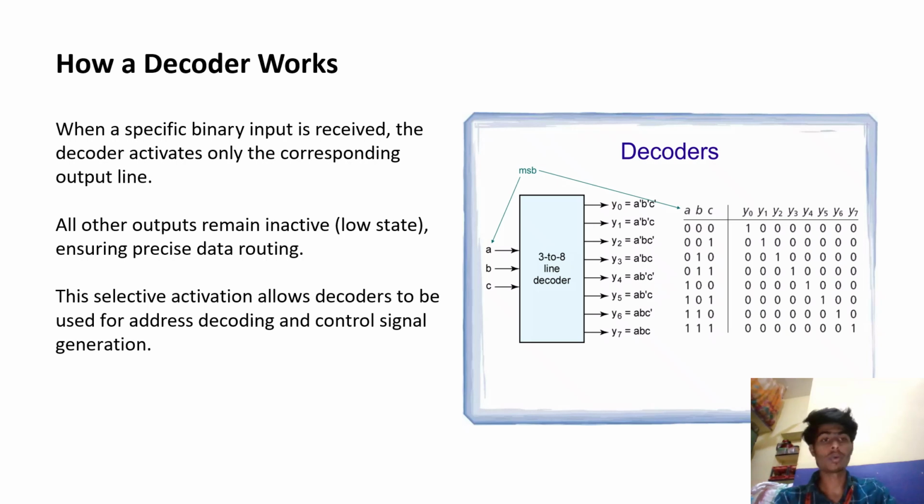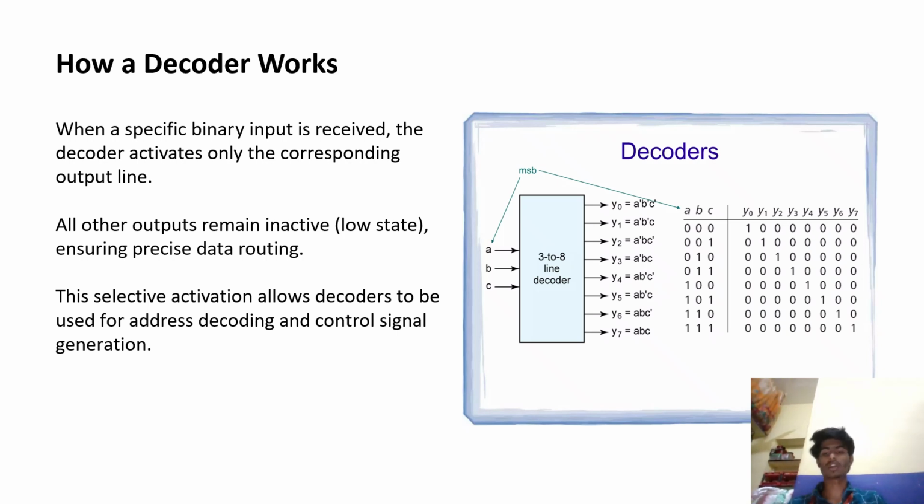Now, how a decoder works. When a specific binary input is received, the decoder activates only the corresponding output line. All other outputs remain inactive, ensuring precise data routing. The remaining outputs do not participate in this combinational circuit.